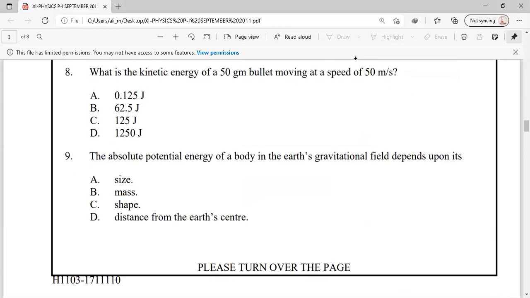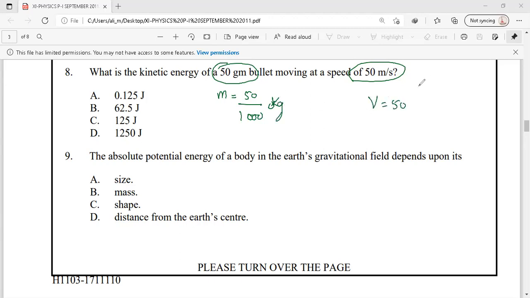We have questions number 8 and 9. What is the kinetic energy of a 50 gram bullet traveling at a speed of 50 meters per second? So the mass of the bullet is 50 divided by 1000, that is in kilograms, and the velocity is 50 meters per second. The formula of kinetic energy is mv square over 2.